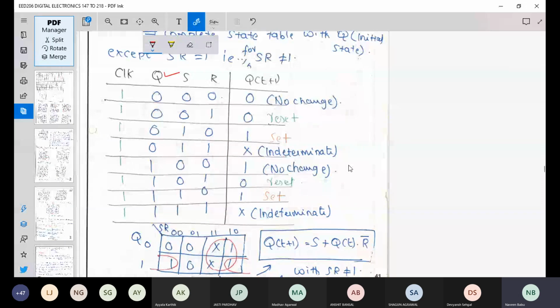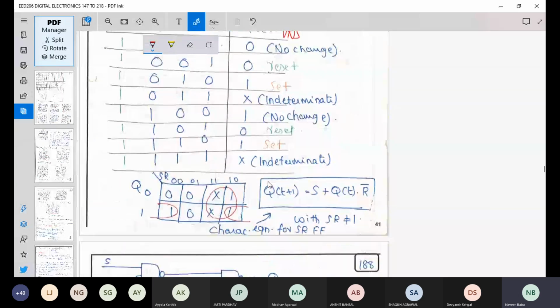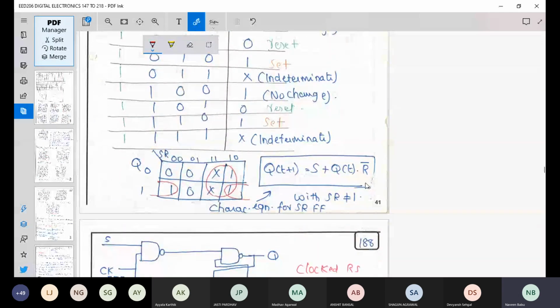So you create a complete K-map, and then we get the characteristic equation. So this is how we implement an SR flip-flop. This is a clocked SR flip-flop.